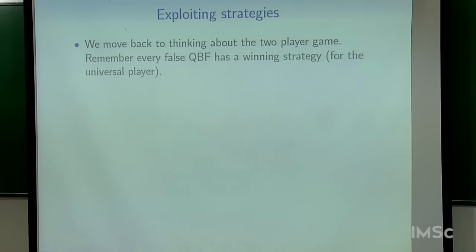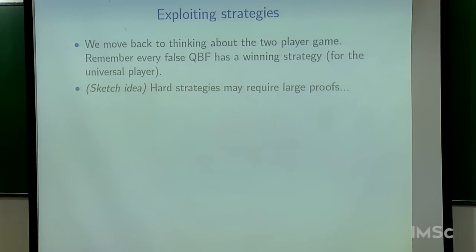So remember this two-player game between the existential and universal players. And remember that every false QBF has a winning strategy for the universal player. So the idea is to think that hard strategies may require a large proof. If we have a difficult strategy for the universal player, we may have large proofs in our system, Q resolution for example.